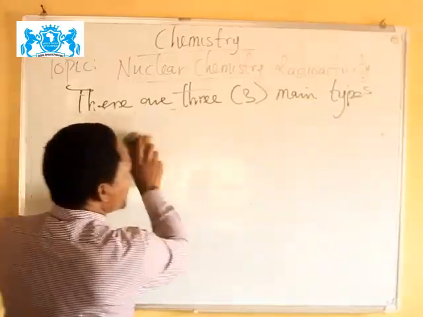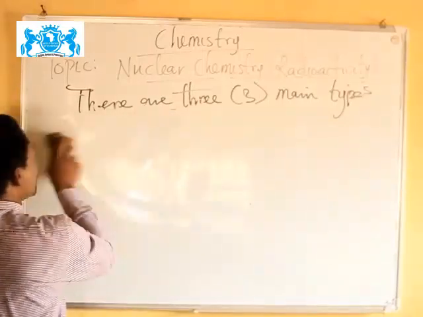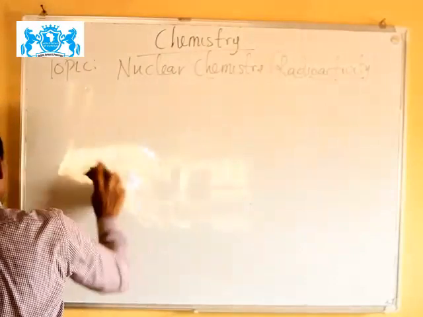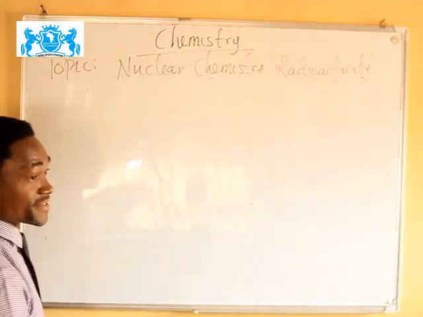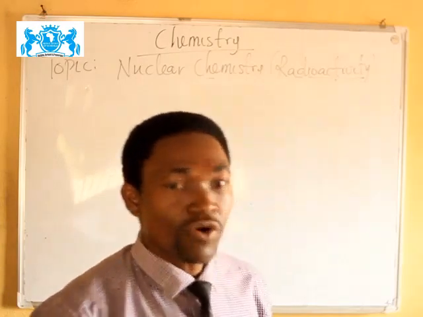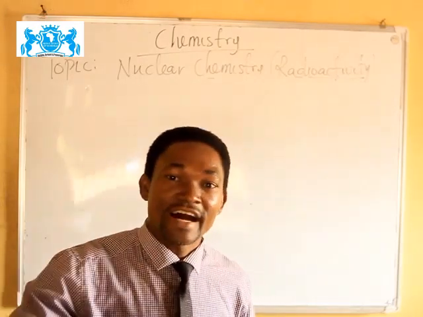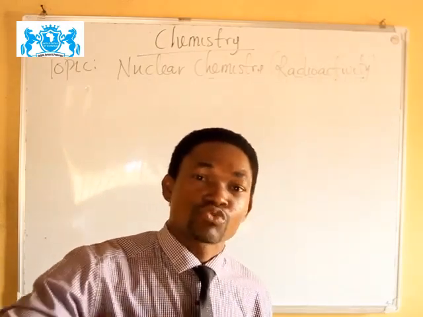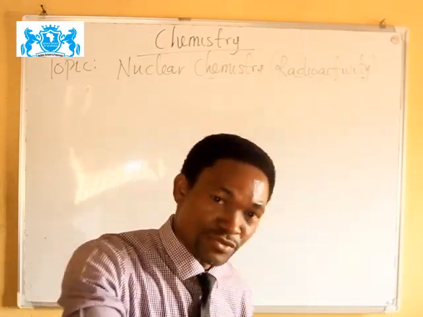In the course of the radiations that are produced, if an element undergoes an alpha decay or produces alpha radiation, it means that the element will emit an alpha particle.